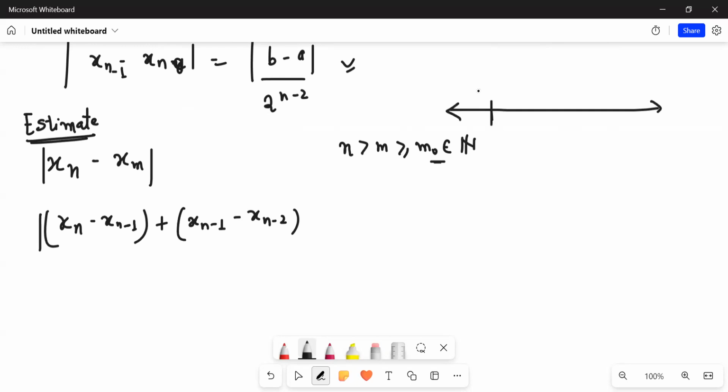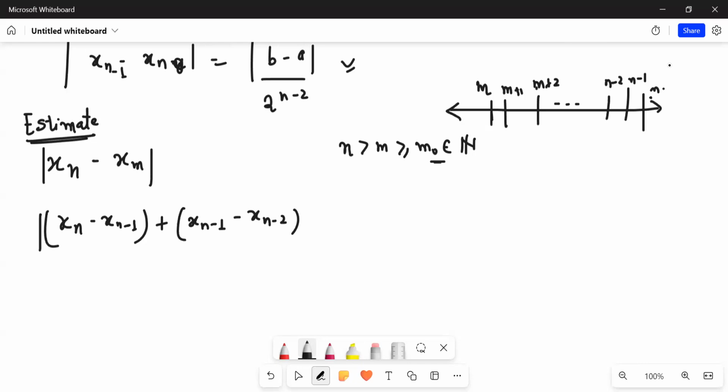So here it would be m, here m plus 1, here m plus 2, and so on. Here it would be n minus 2, here n minus 1, and here n simply. Okay, this is one thing that you can say.